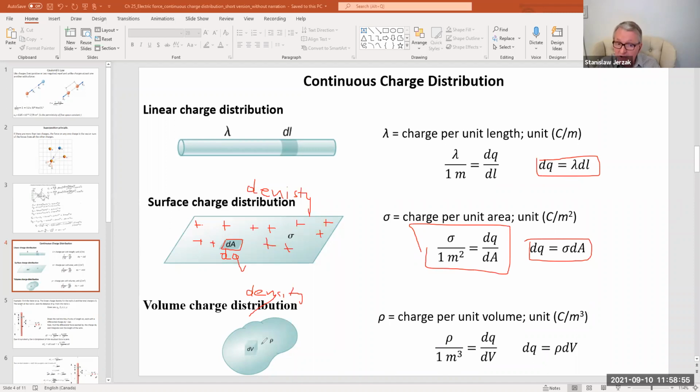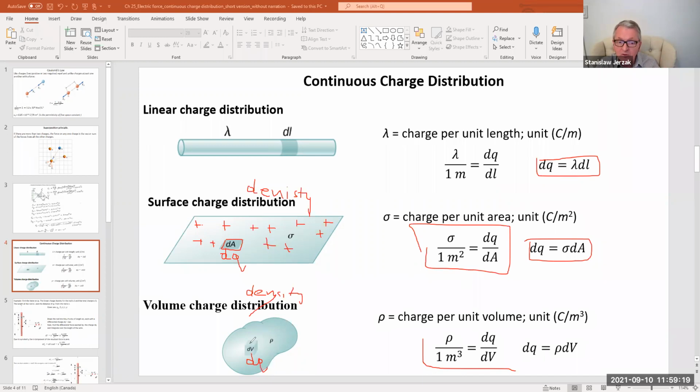And if the charge is uniformly distributed, then I can write this proportion: rho, with this amount of charge in 1 meter cubed, must be in the same proportion as dq over dv, where here you see a little volume, dv, a differential volume, which should approach 0, and the amount of charge in that little volume we designate dq.